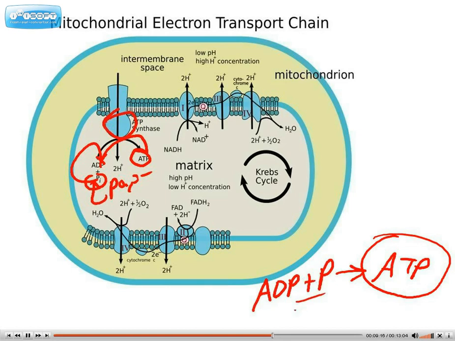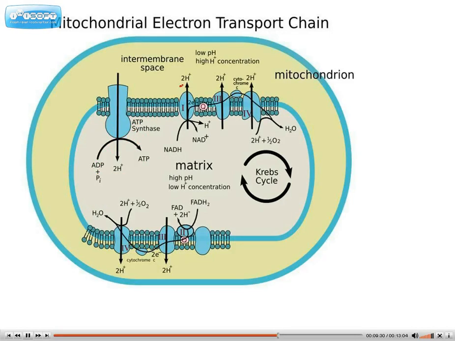This process is called oxidative phosphorylation. That's the action of putting the phosphate back on the ADP, forming ATP. So, the electron transport chain, and then the passage of hydrogen ions through the synthase, resulting in oxidative phosphorylation of ADP to ATP.